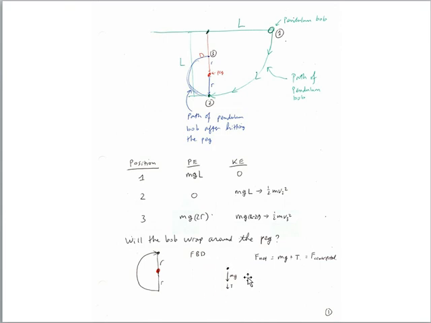There's a gravitational force mg, and there's a tension force T pulling the bob down, and that's the net force. F net equals mg plus T, and that has to equal the centripetal force because the motion of the bob around the peg is circular motion.